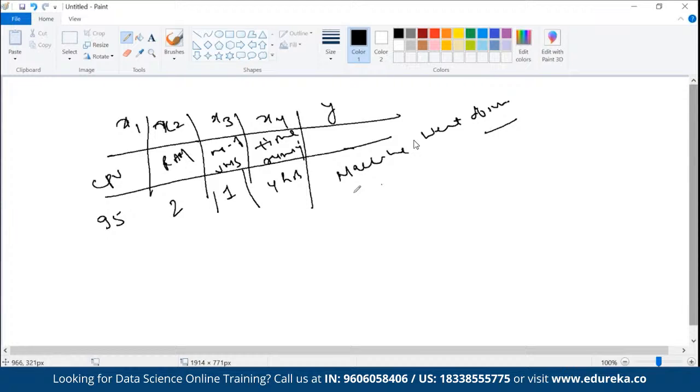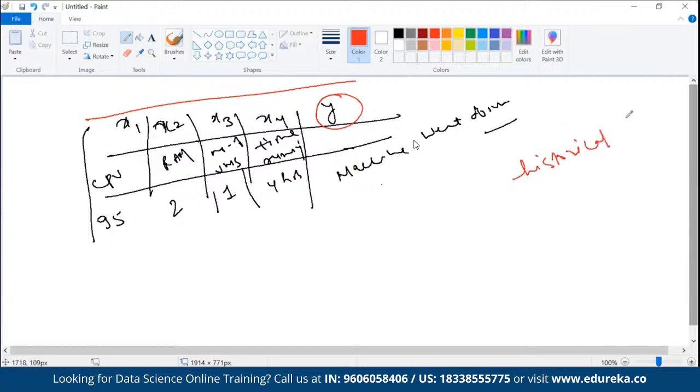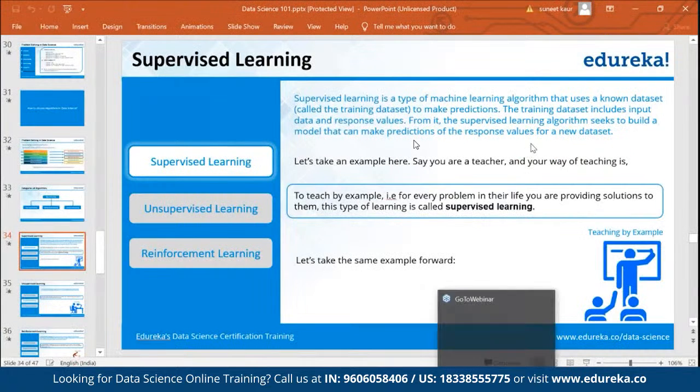Okay, let's say this. Now in this case, you already have the value of Y. You have the historical data. Basically, you are saying that I know last time when these were the values, this was the output. So what is this? This is nothing but an example of supervised learning.